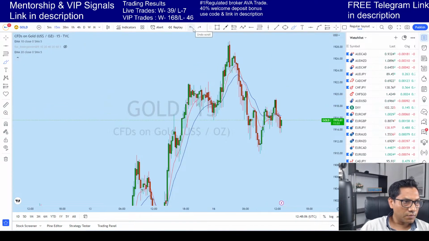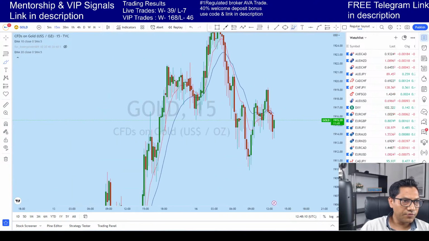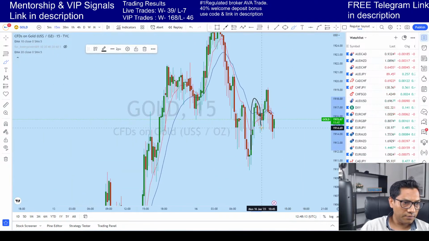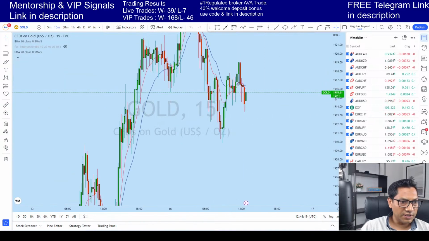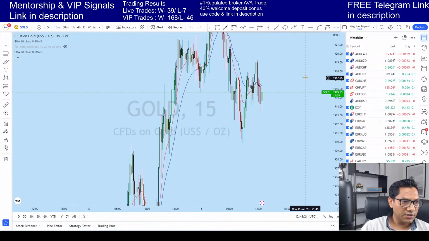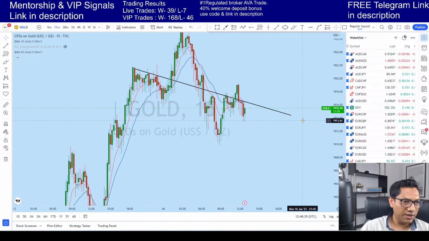Now on the 15 minutes, it is forming a head and shoulders here. Let's say this candle is closing in 11 minutes. What we'll be doing is waiting, first of all, to see if this head and shoulders is being respected.